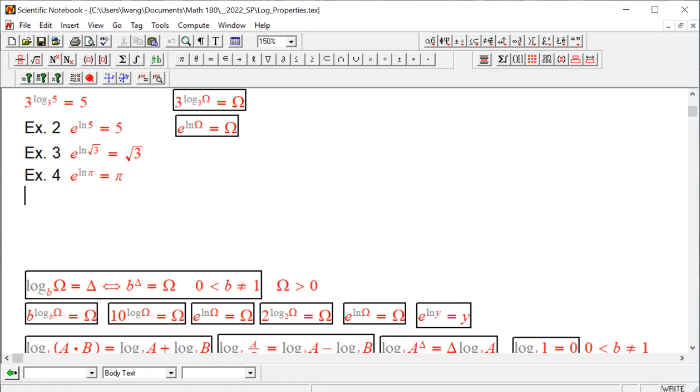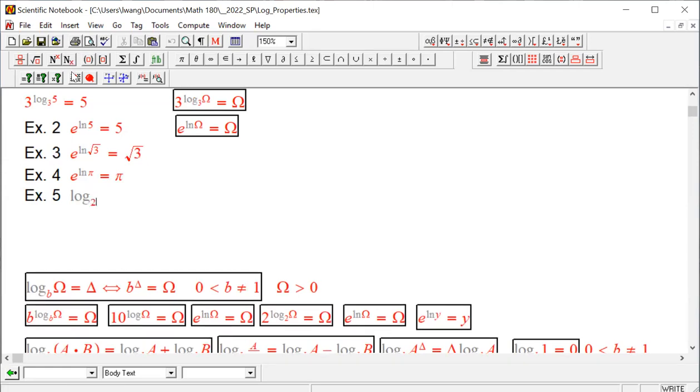For example, we have example number 5. We have log base 2 of 6 minus log base 2 of 15 plus log base 2 of 20.